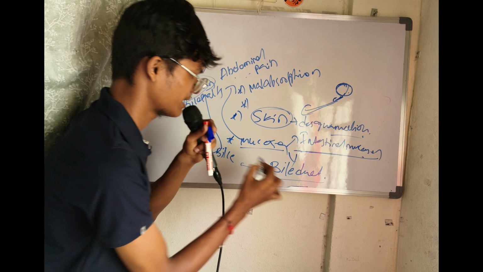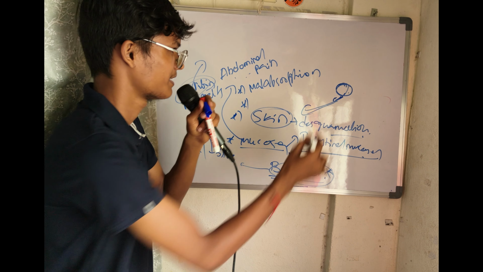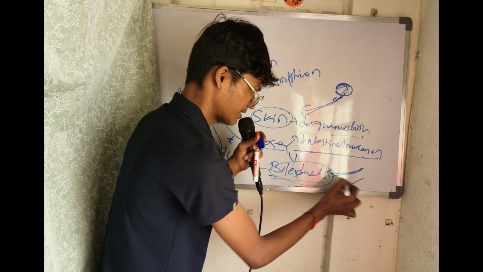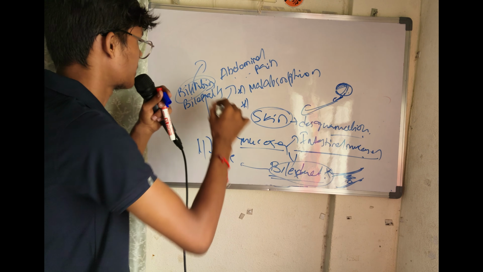Why is this bile duct obstructed? This T cell is damaging it, so the duct will get inflamed and there will be obstruction. This obstruction will lead to bilirubin accumulation. This will lead to jaundice. Okay, this is due to bile obstruction.